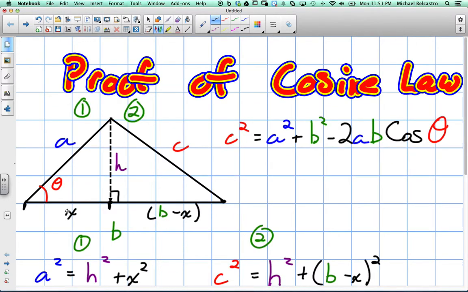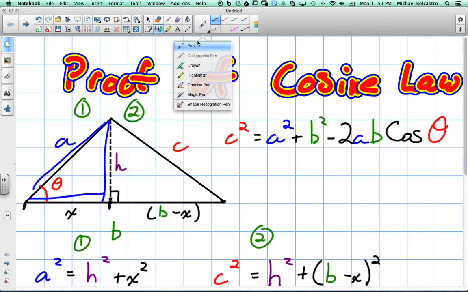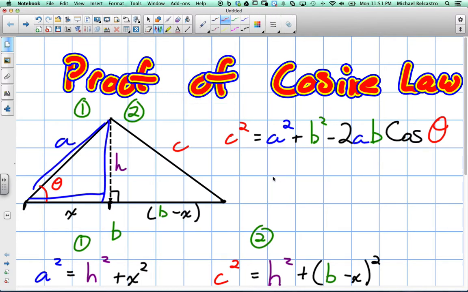But we can figure out what x is equal to. Let's use our cos value of theta. So for instance, in this right angle triangle, our triangle number 1, we're going to set cos theta equals adjacent, which is our x, over a, divided by our value of a.